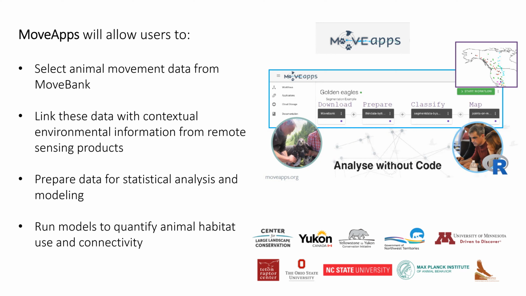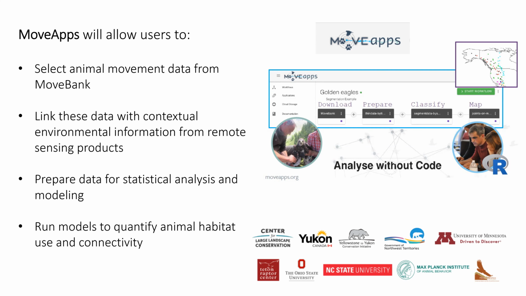It's super exciting because this is going to allow natural resource managers, wildlife experts, all of these folks to really start looking at what's going on with animal movement over very large scales, and then again compare that to the environmental data. So that's happening right now. They're about midway through their project, and so they've got another couple years yet to fully develop MoveApps.